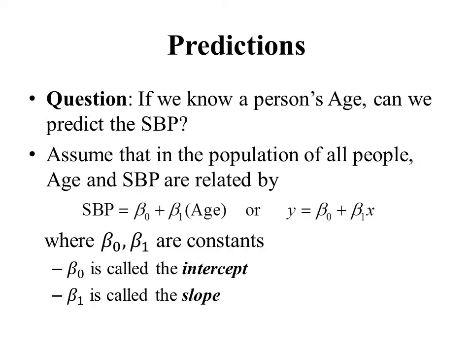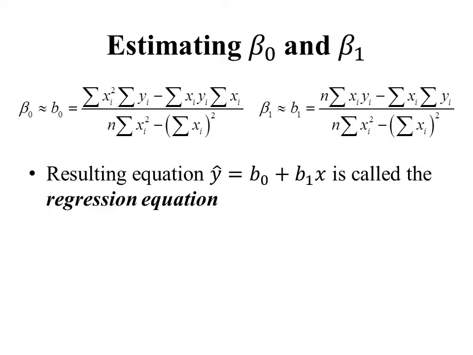Slope and intercept. So now we want to estimate the values of beta 1 and beta naught using our data. We don't have information from our entire population of people, so we're not going to be able to know the exact values of beta naught and beta 1. So we're going to use our sample data to try to estimate them.